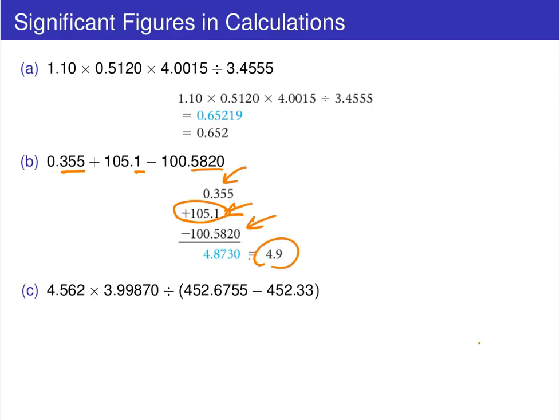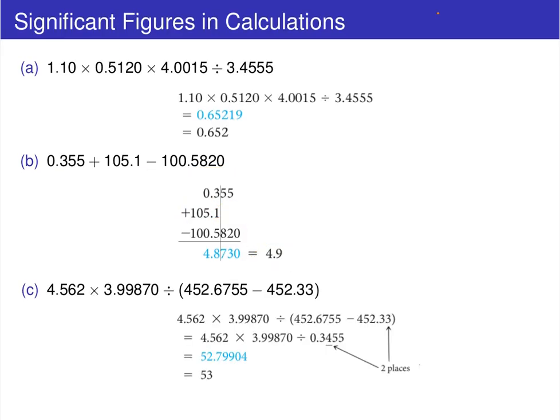And lastly, if we have a problem involving both multiplication, division, and addition, subtraction rules, then we have to follow our order of operations and not round until the very end, but keep track of those significant digits along the way. So what I'm going to do here is carry out that subtraction, get a result, and notice that when we do the subtraction of these two numbers here, we have 4 decimal places and 2 decimal places.